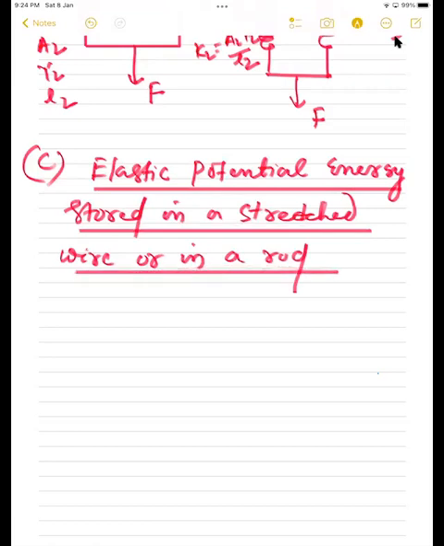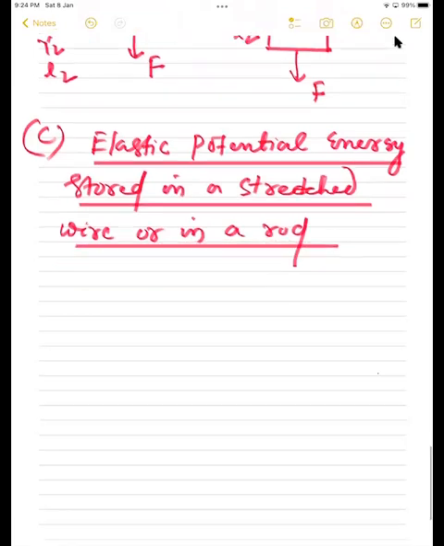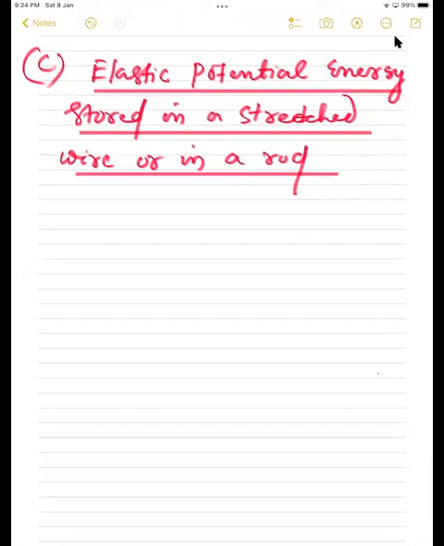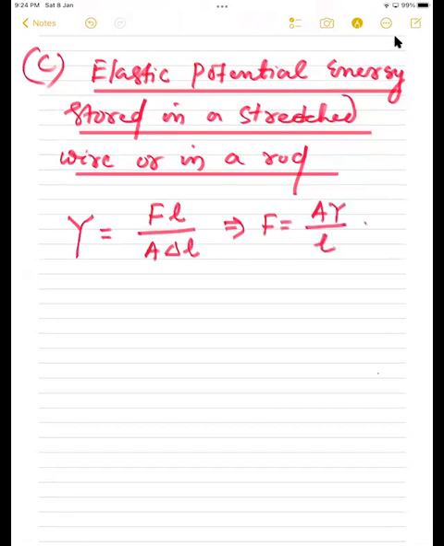Like in a spring, where x square energy is stored, right? Let's see here only, students. For a wire, what you knew is that Young's modulus is equal to F into L by area into delta L. And that F is equal to A into Young's modulus by L into delta L. Up to this, you all clear how this formula came?